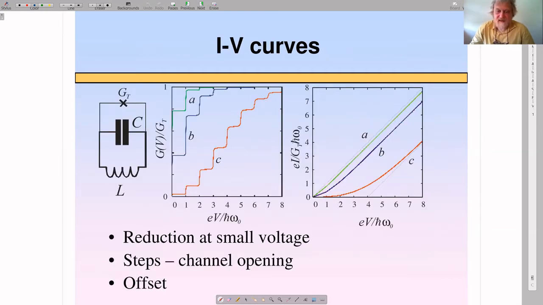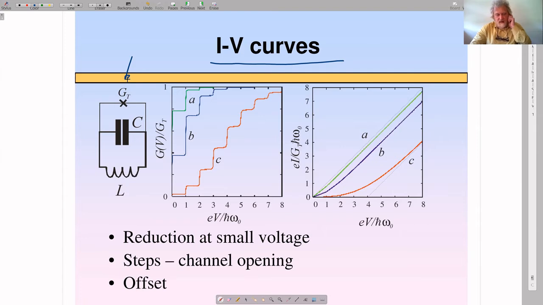Let us now use this value of P of E to describe the current, to understand the curves of the tunnel junction which is connected to an oscillator.